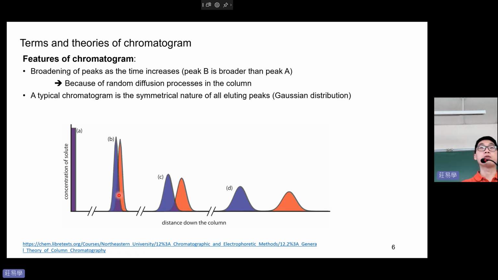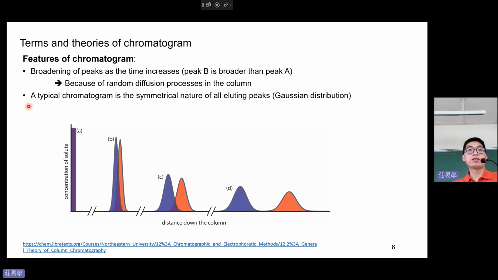But again, a shorter retention time means the separation efficiency is not as good as when you have a longer retention time. So the first feature is that the peaks are going to be broader as the time increases. For example, peak B is broader than peak A. And that's because of the random diffusion process in the column.